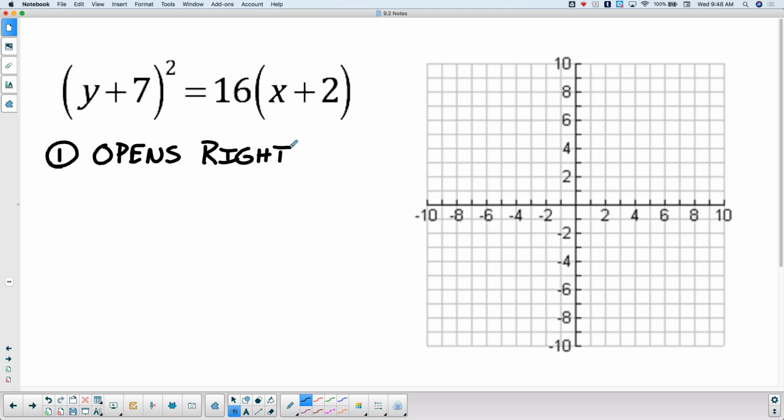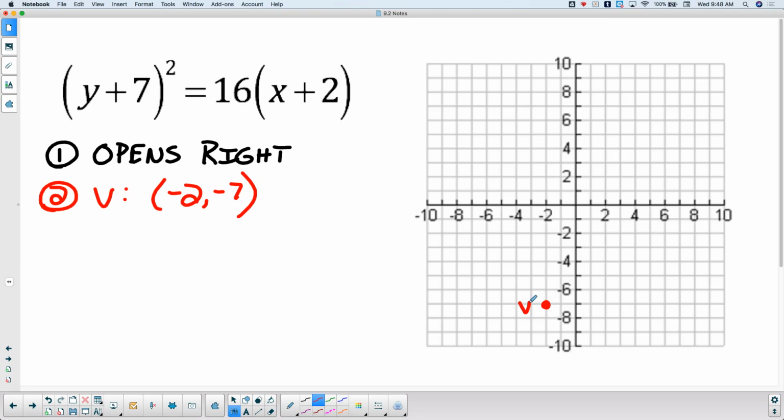Second step, find us the vertex. Where is the vertex of this one? Quick. -2 comma -7. Okay. So that's my vertex.